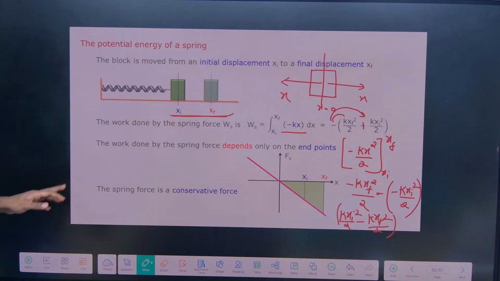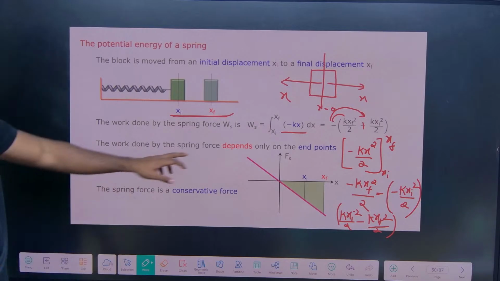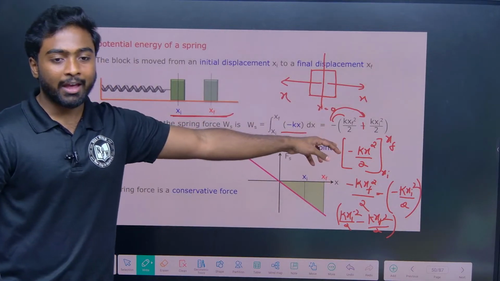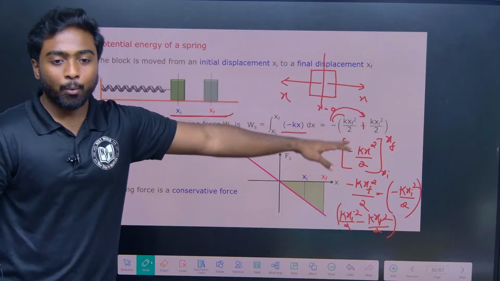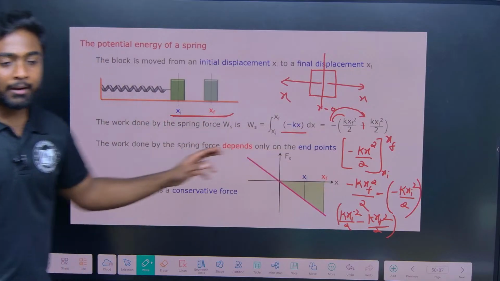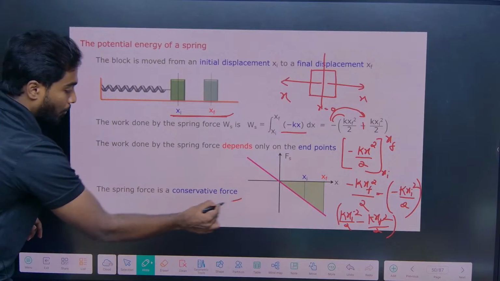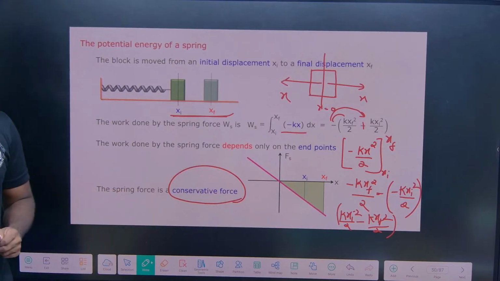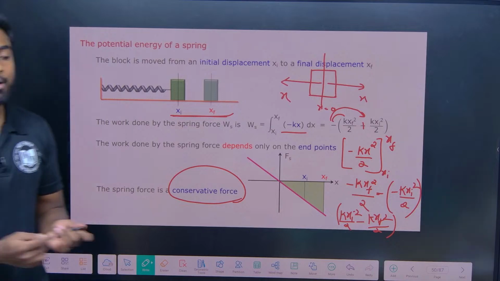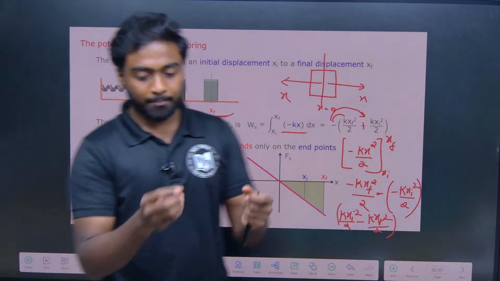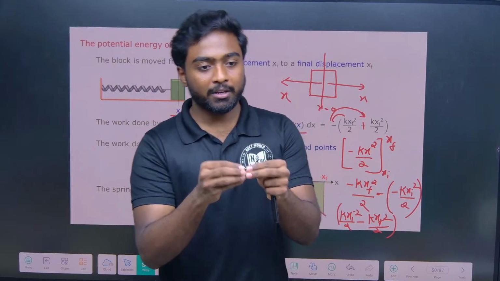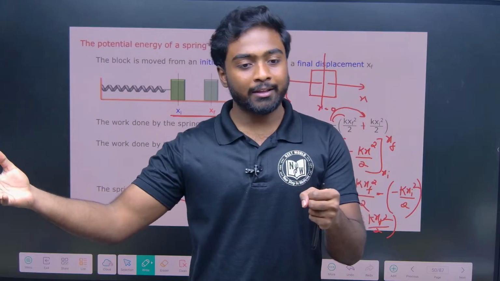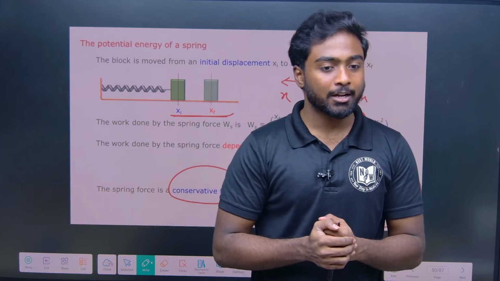And one more point is, the work done by a spring force depends only on the end points. If the end points are known, I can say what is the work done. And one more thing, the spring force is conservative. For example, some energy was there initially; if I expand it, that energy is converted either into kinetic or potential.